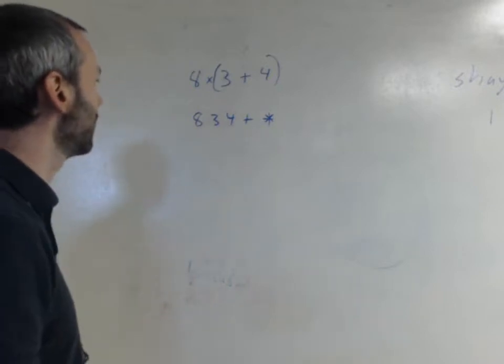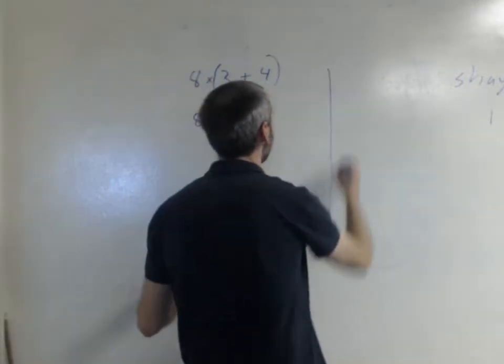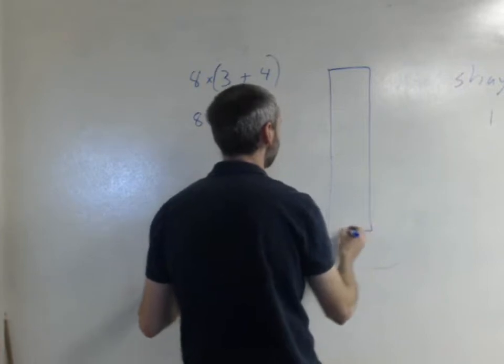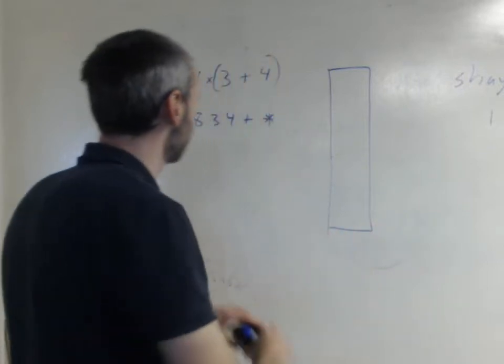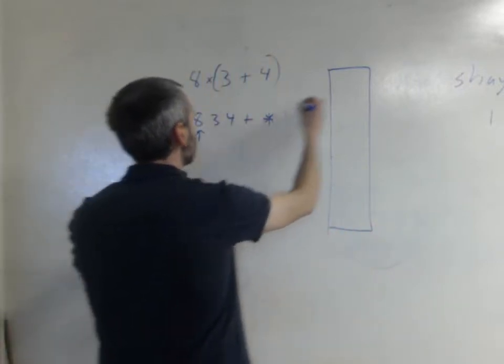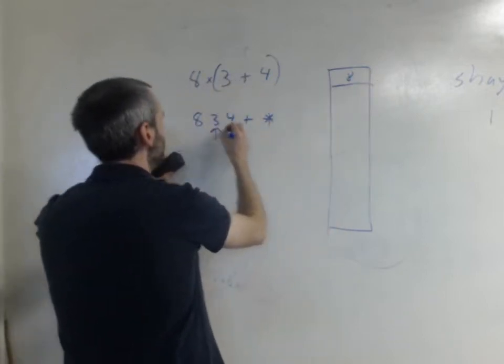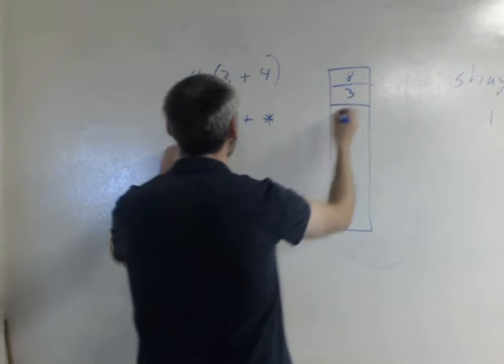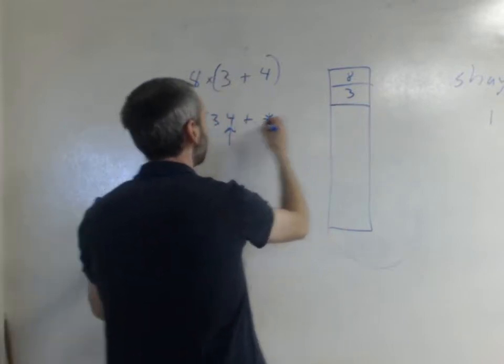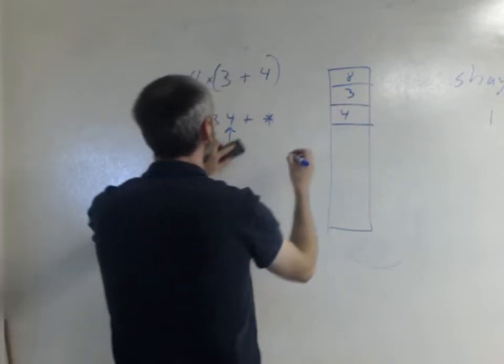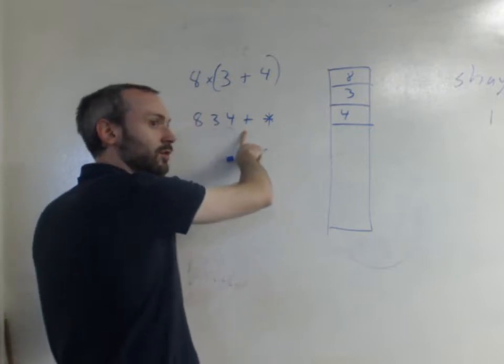The reason for that, let's go watch what happens on the stack. We start at 8, so we push the 8. We go to the 3, we push the 3. We go to the 4, we push the 4. We see a plus.